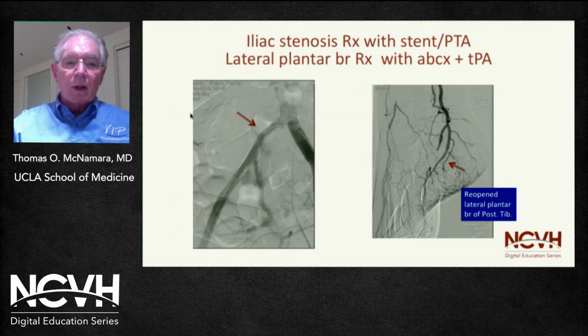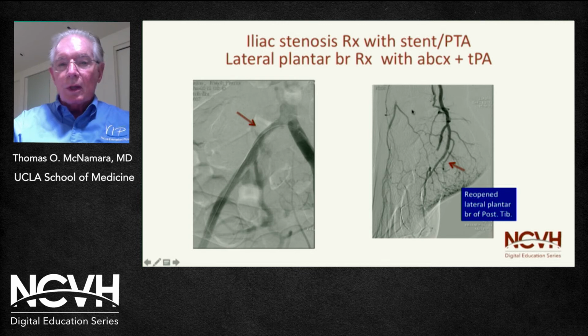So we've gone ahead and placed a self-expanding stent, and then did a balloon angioplasty of the origin of the internal iliac. Looking downstream, we do the same thing we did earlier, which was the bolus of abciximab and then the infusion with the TPA.